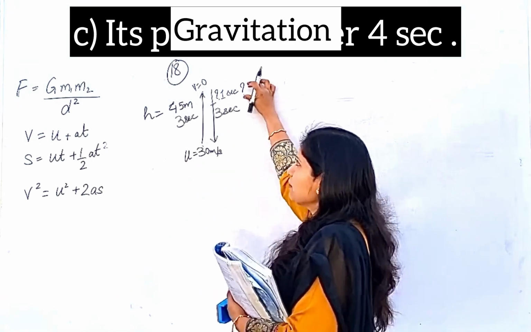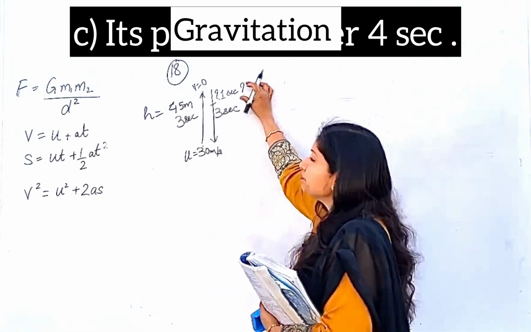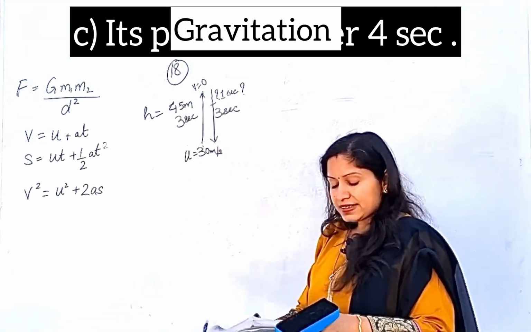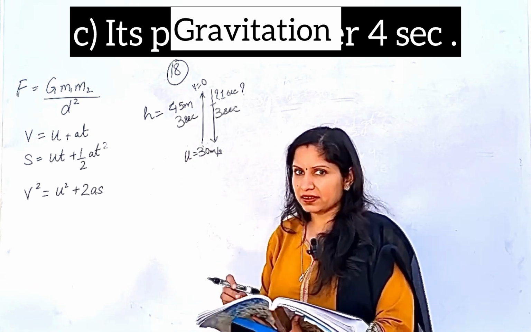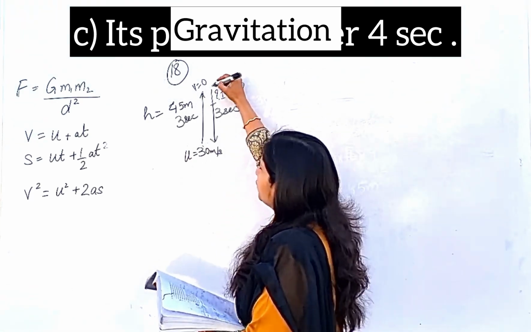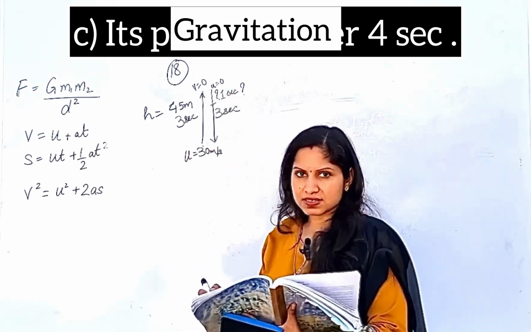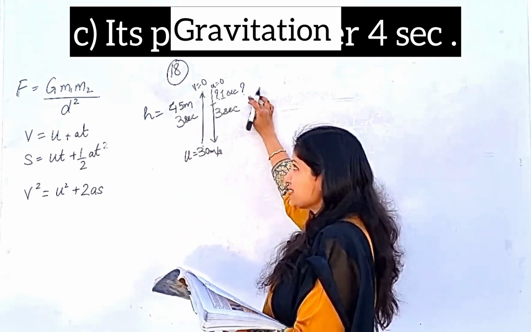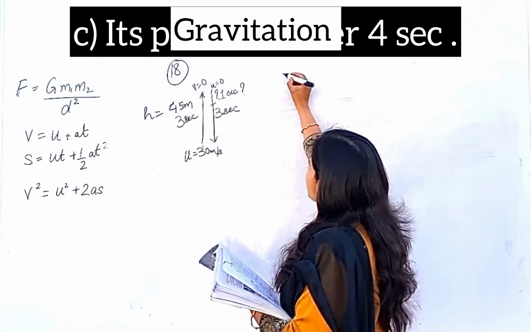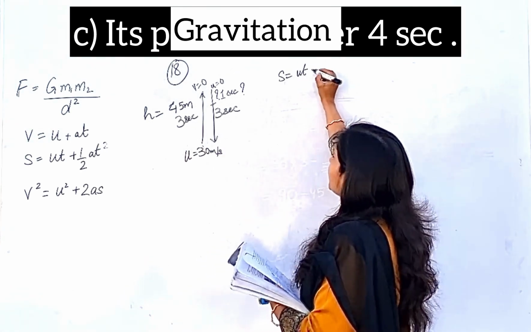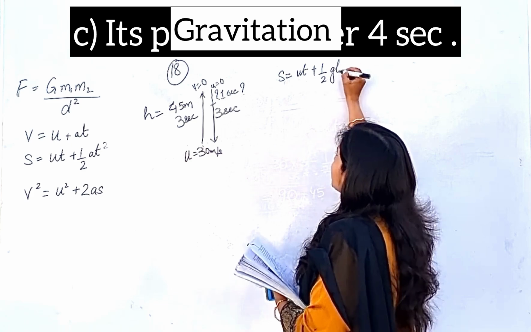So the time taken to calculate the third part is 1 second. Now when it's coming down, the initial velocity is 0, time is 1 second, and you have to calculate the distance covered. So we take s = ut + half gt squared.